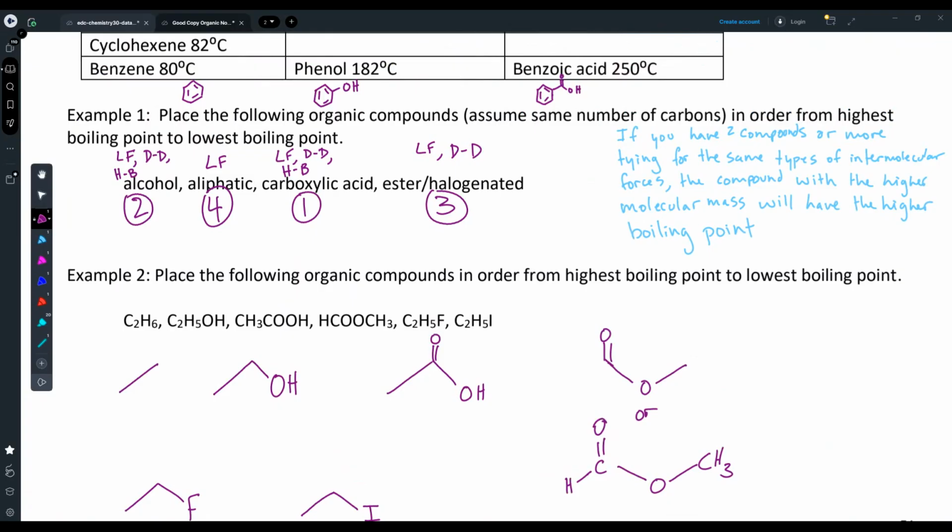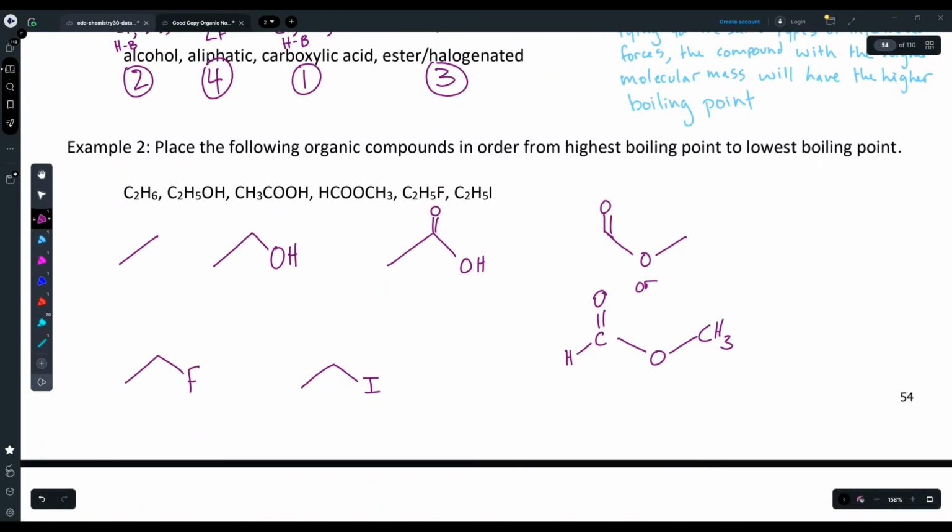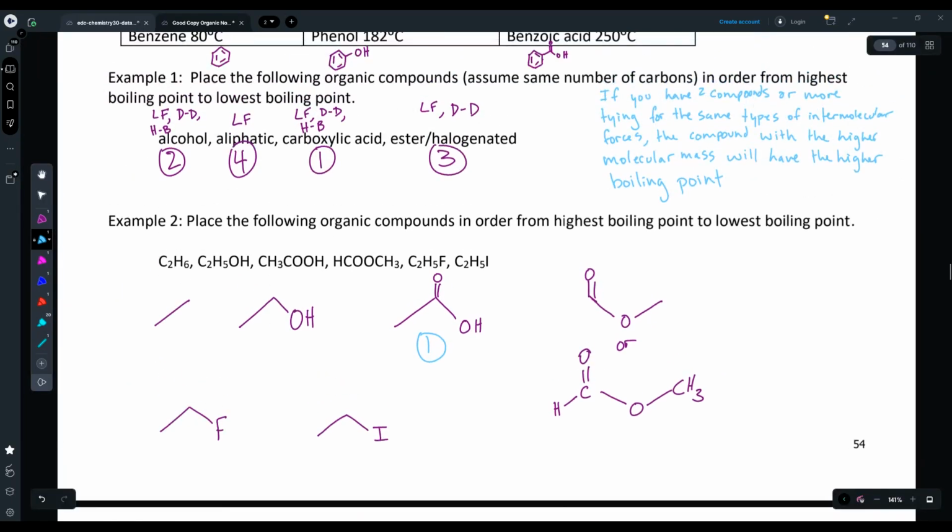Okay, so looking here, we have our carboxylic acid, so this is going to have the highest boiling point. All right, so next in line is the alcohols. So this one's going to have the second highest boiling point, and then in third place we've got esters or halogenated hydrocarbons. So keep in mind these are all tied for third place now.